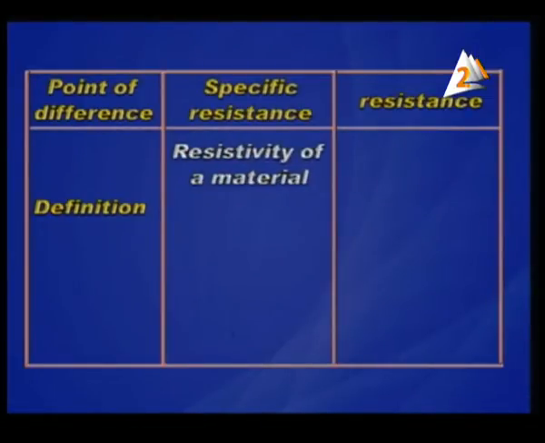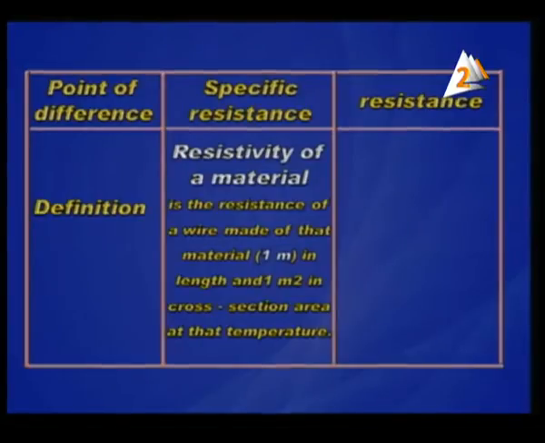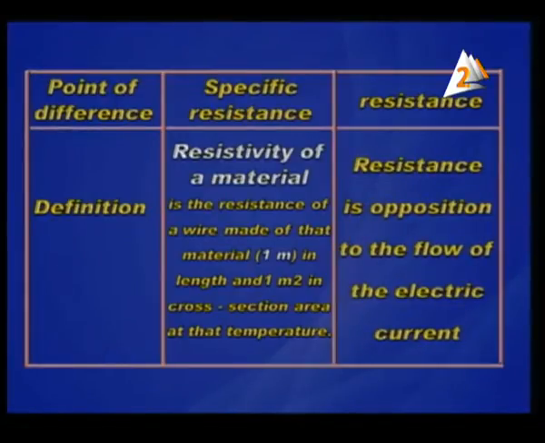Resistivity of a material is the resistance of a wire made of that material, 1 meter in length and 1 meter squared in cross-sectional area at that temperature. So this was about the definition of resistivity. Definition of resistance is opposition to the flow of electric current.